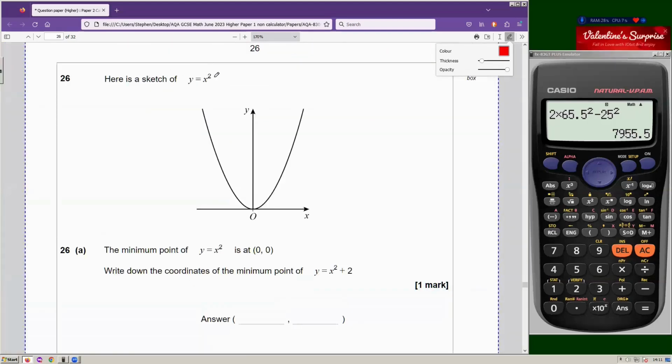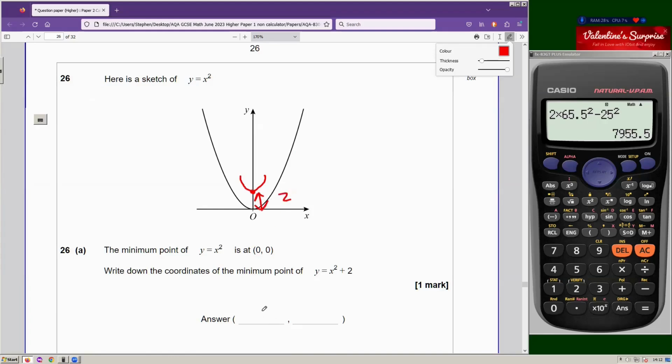Here is a sketch of y equals x squared, like that. The minimum point of y equals x squared is here. Write down the coordinates of the minimum point of y equals x squared plus 2. Well, when x equals 0, y is going to be like this. There. That is 2.